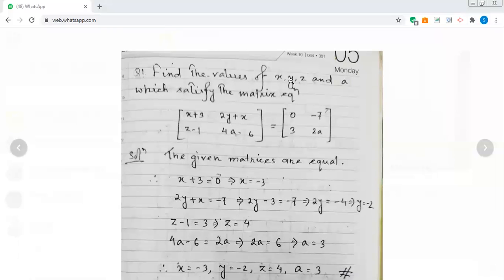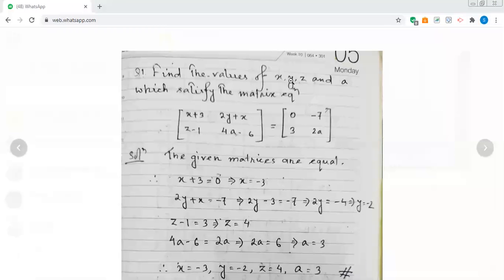The first question is: find the values of x, y, z, and w. These are the unknowns which satisfy the matrix equation. A matrix equation is given to you, and you can see that both the left hand side and the right hand side contain a matrix.